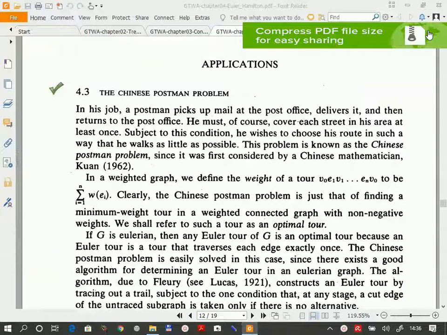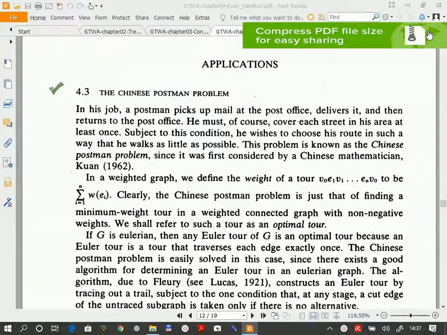graphs, to find optimal something. Okay, we have seen optimal connections from a particular vertex. Now we see the problem of optimal trail, optimal closed trail, because the postman goes back to the initial point.